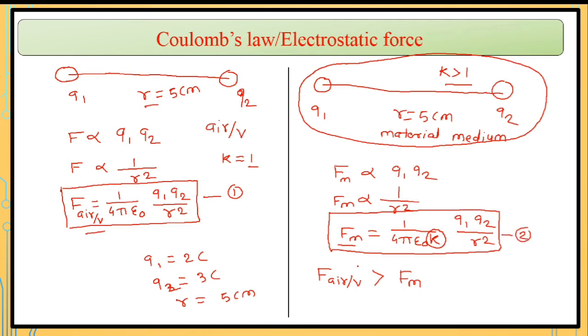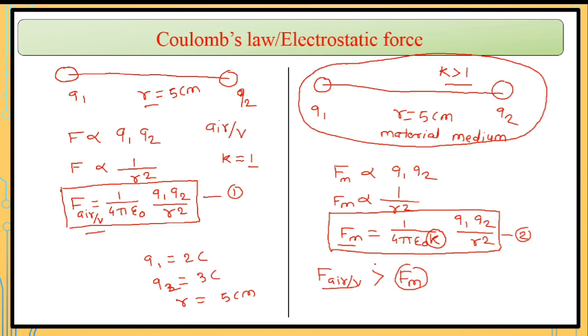When we calculate the force in air as well as in a material medium, we will get a greater value in air or vacuum as compared to the material medium, because this K is in the denominator, so something divided by K gives a lesser resultant value. So the force in a material medium is less as compared to air or vacuum.